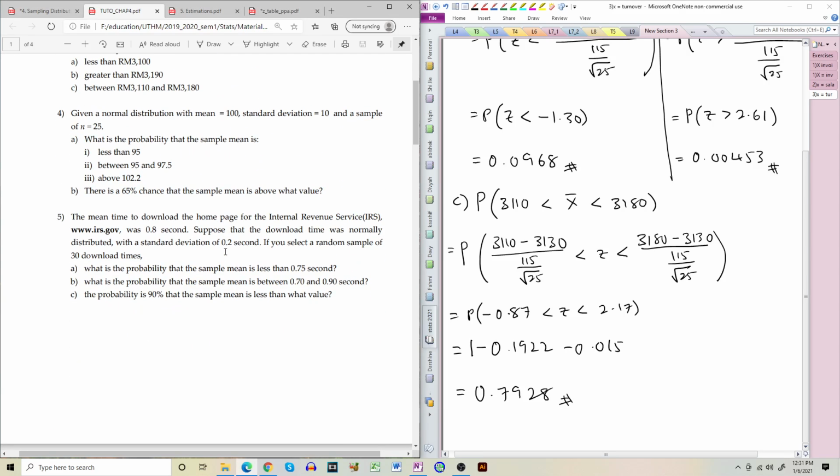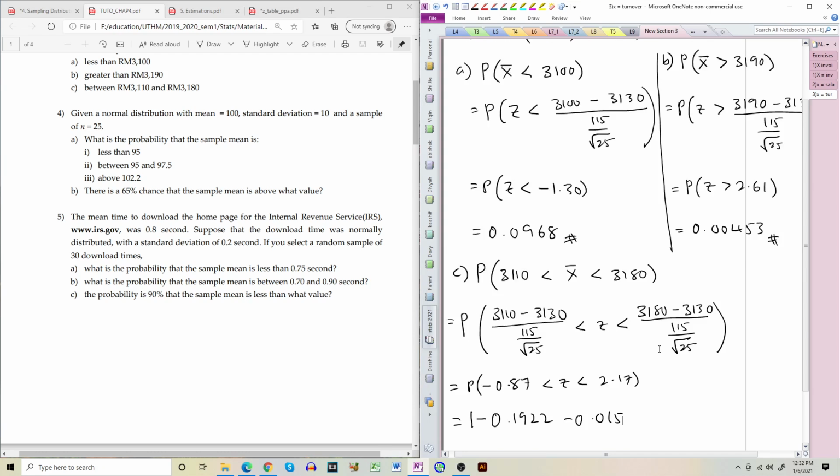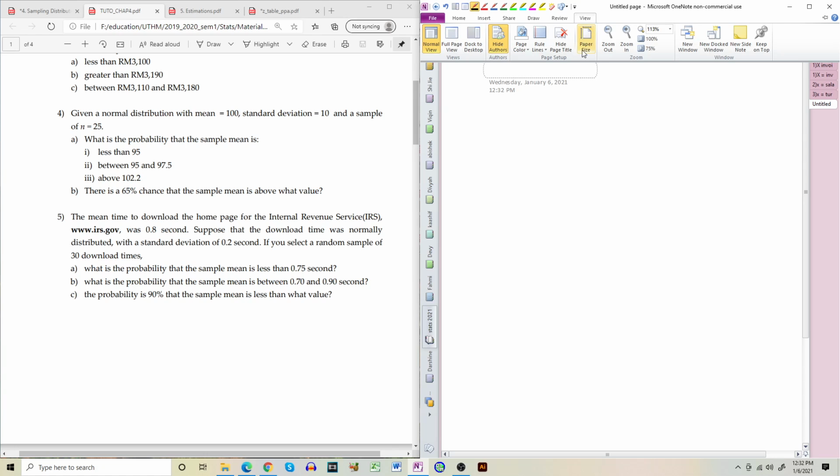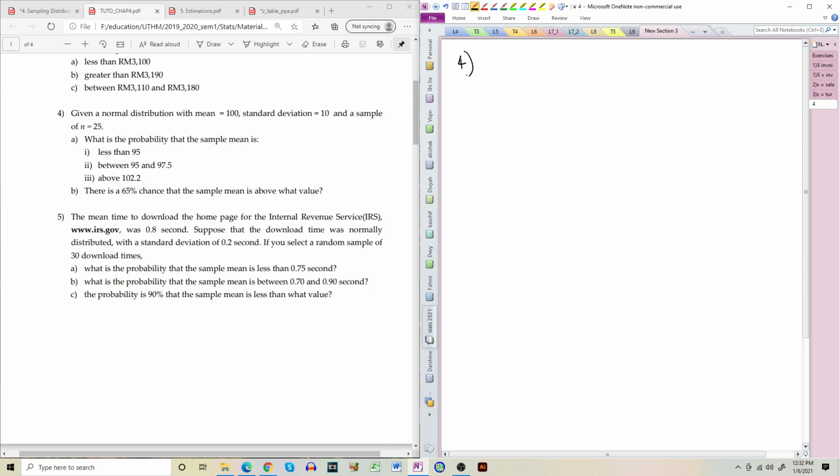Number 4. This is number 3. We are going for number 4 now. Given a normal distribution, so x we don't know, we just write it's a normal distribution with mean 100, standard deviation 10, and sample is 25.